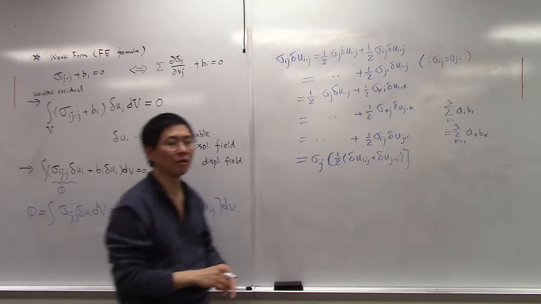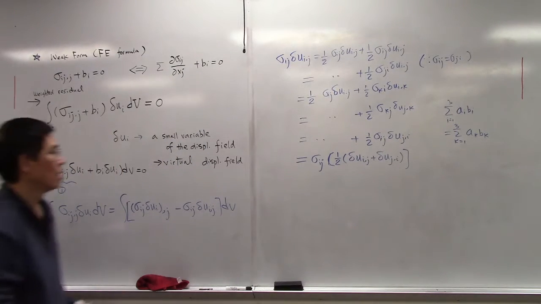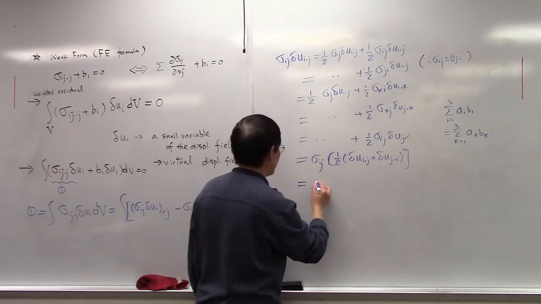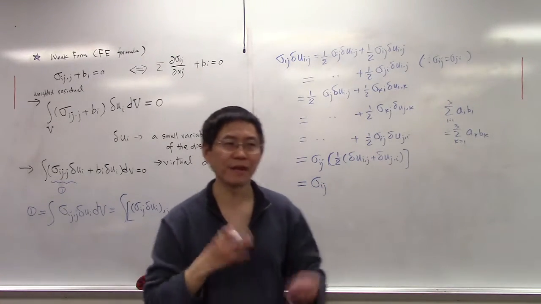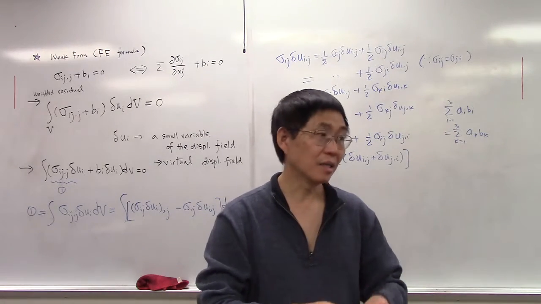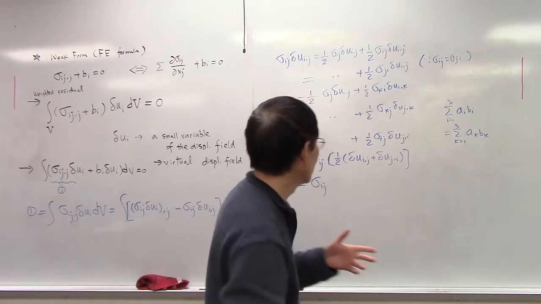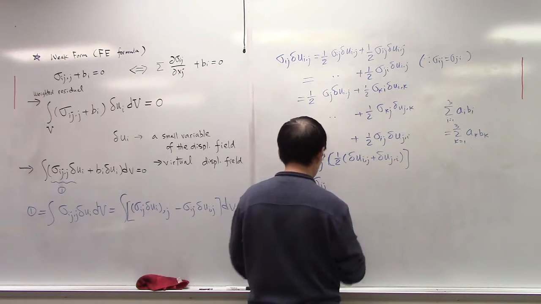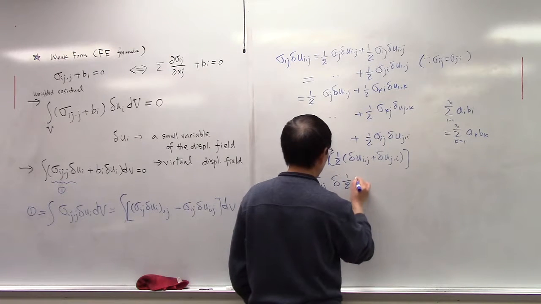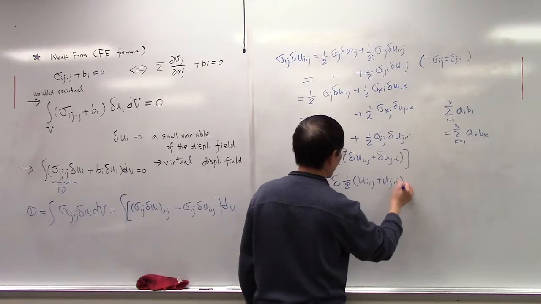There's a reason I want to do this with these indexes. Sigma ij. This delta acts very similarly to a differentiation, like d/dx. So you can take that out. It's delta of half u_i comma j plus u_j comma i.